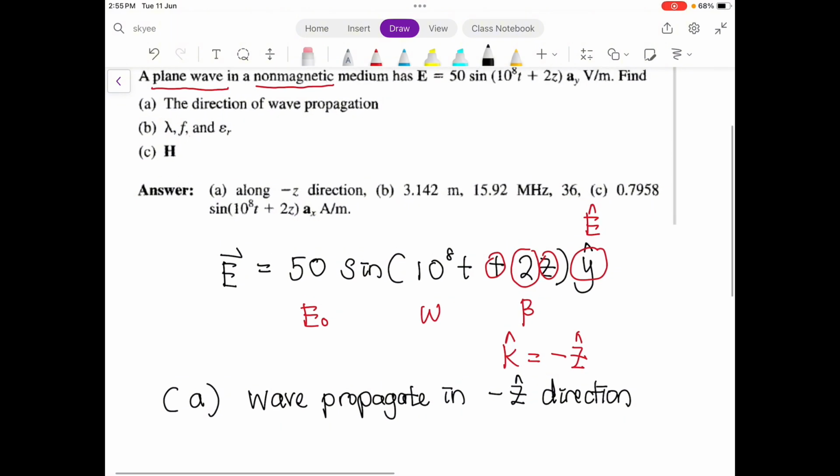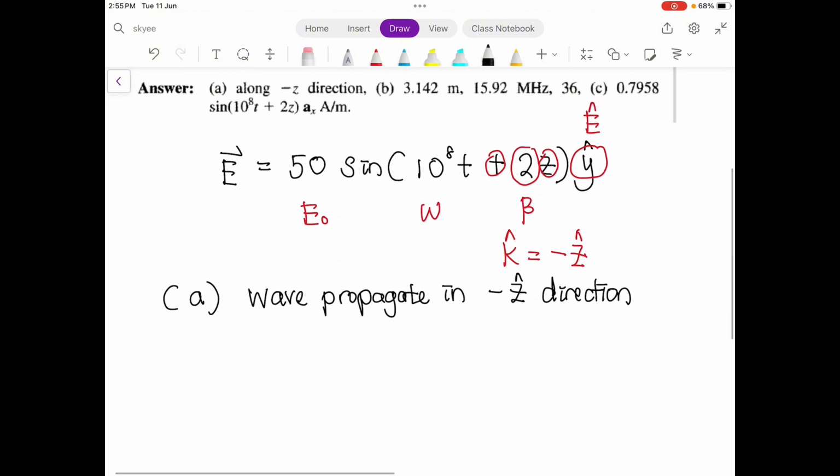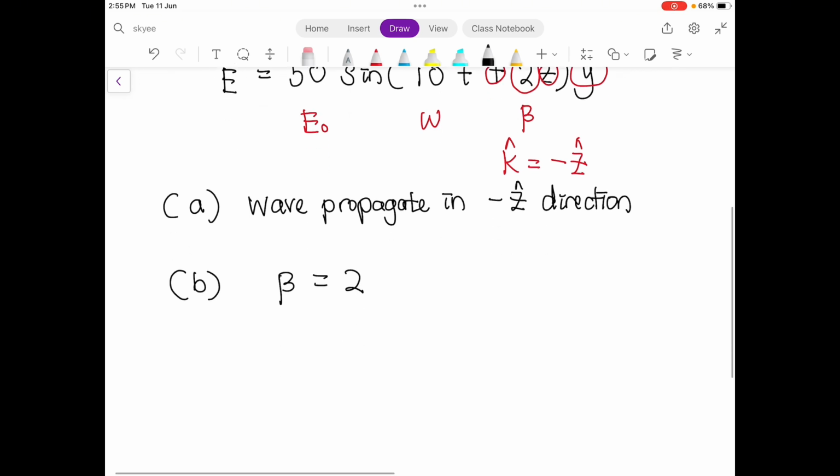We move on to the next question, that is lambda. We can relate lambda with beta. Sorry, beta is the phase constant, and according to the equation, the value is 2. We can relate beta with lambda by the equation beta equals 2 pi over lambda.